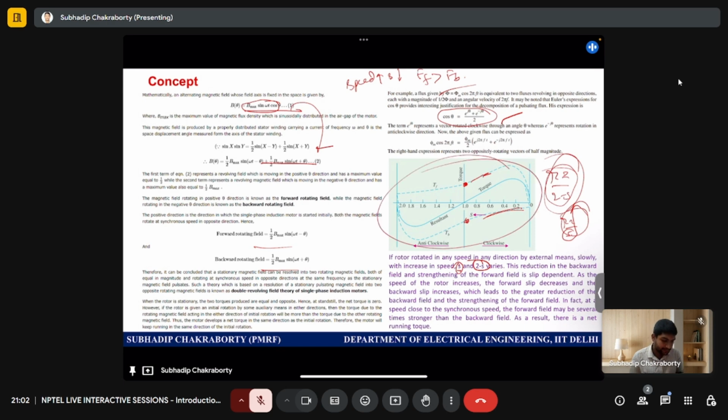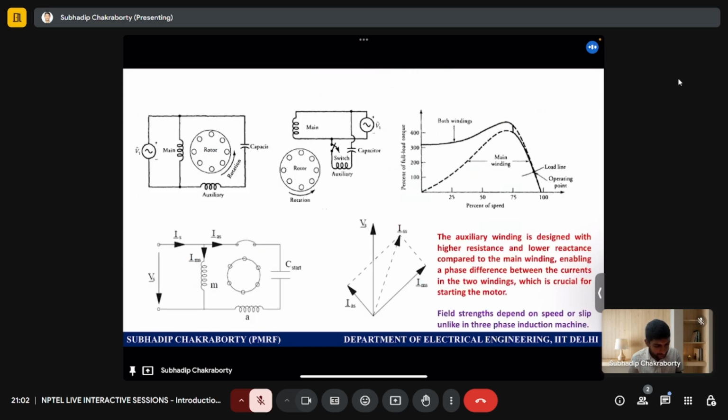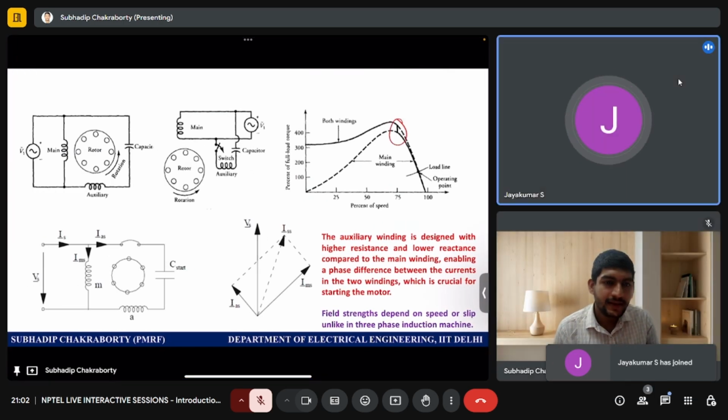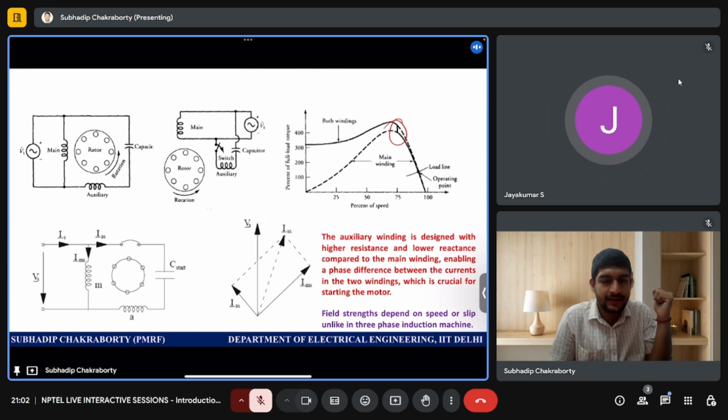That is the arrangement we follow, and equivalently you can go through the derivation of the two field theory, and this is how we cut out during the transition. When I don't need it, I can open the auxiliary winding. Why? What was the purpose of the auxiliary winding? To create the RMF.